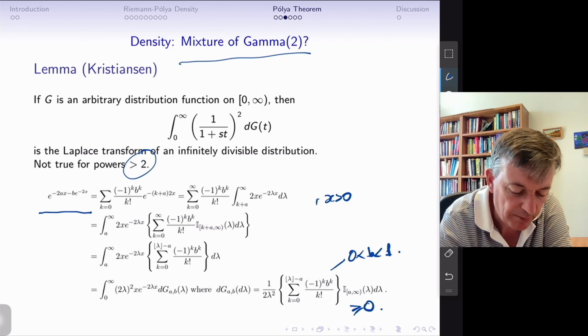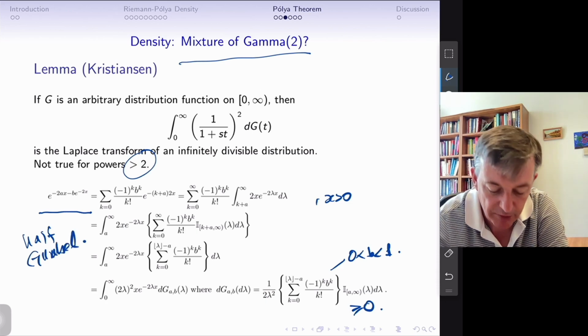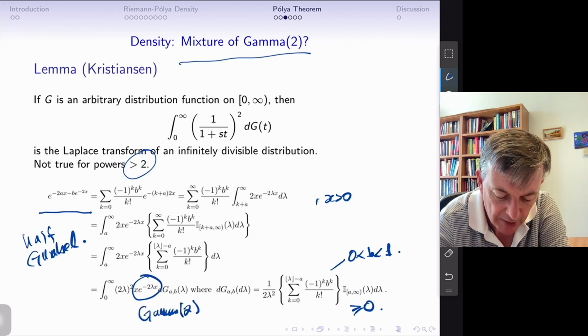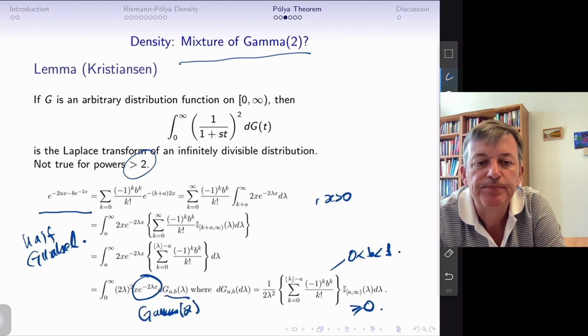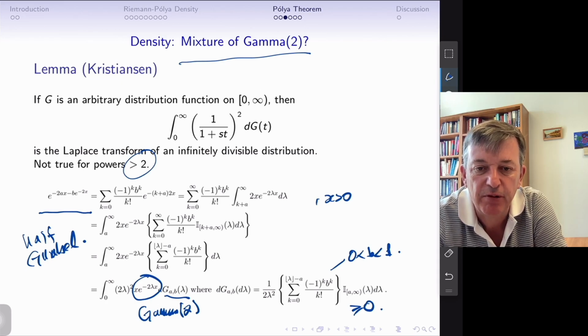If I look at a half Gumbel, essentially I can write a half Gumbel as a mixture of gamma 2s, where lambda is random with a mixing measure G. So a very clever, cute little trick is that I can take half Gumbels, write them as mixtures of gamma 2s, and then try to apply Polya's theorem to this class of functions.